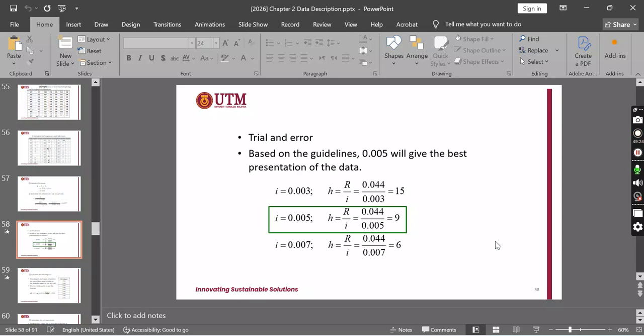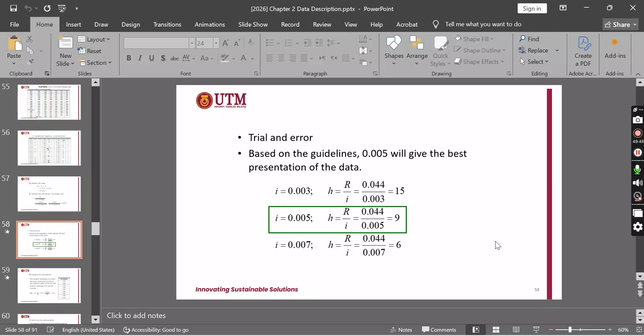That's in the red rectangle. So you have to compute a number above it and a number below it. We use 0.003 below and 0.007 above; they must be at the same distance.